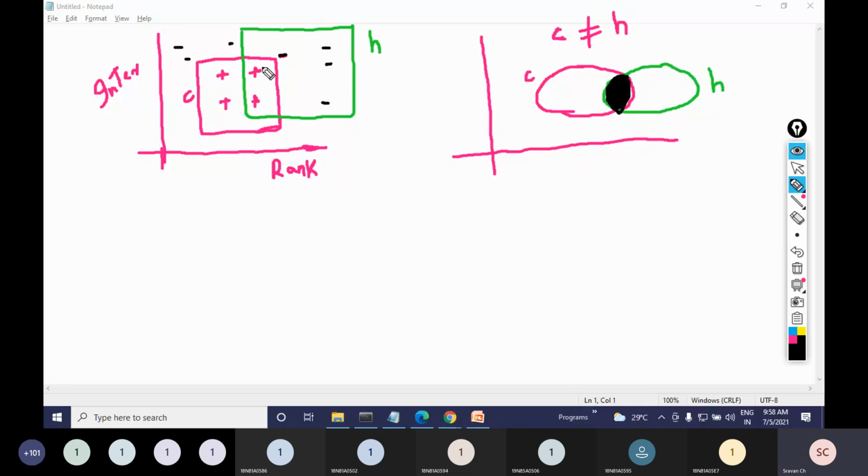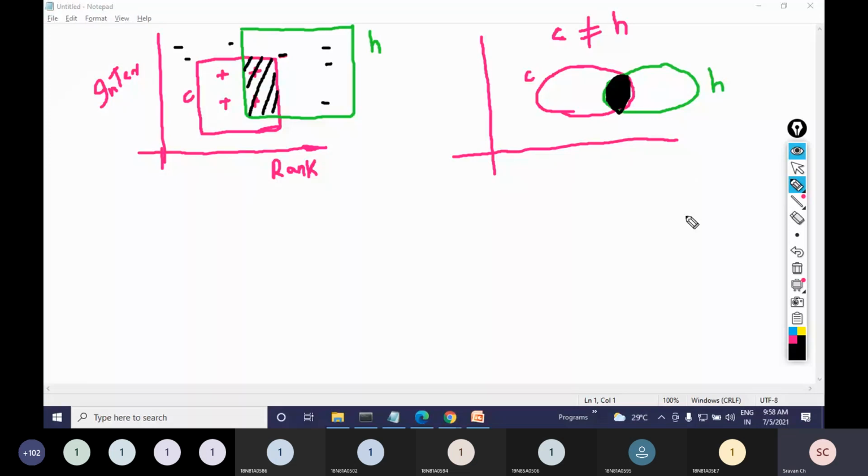These 2 plus examples which you are seeing on the left side, this part is the overlapped region. Apart from this overlapped region, whatever is there is my error. Now the hypothesis is not fully matching.